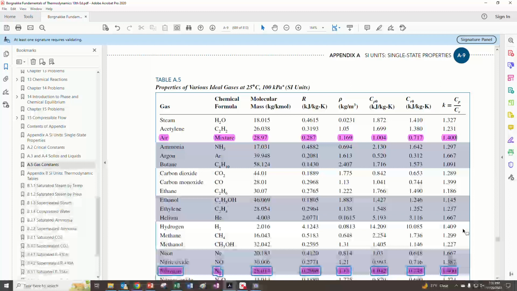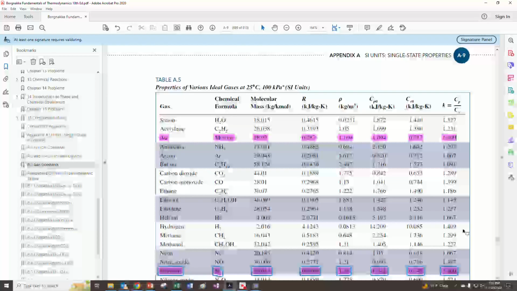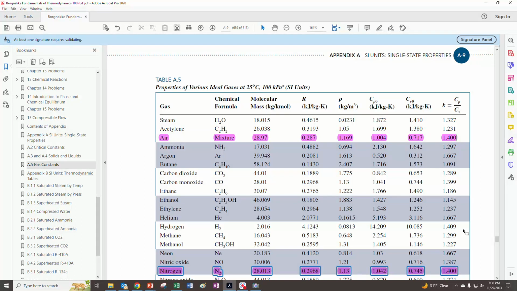I'm going to write all of these down in case I need them, but I might only need a couple of them, and R is 0.2968. I won't write down what the units are this time, just for speed, but usually it's good practice to write what they are, part of the thinking process.